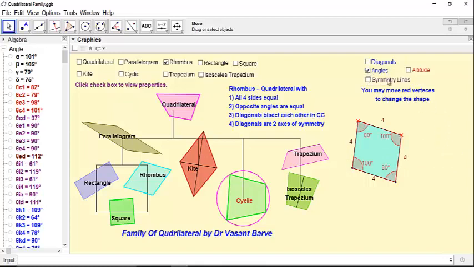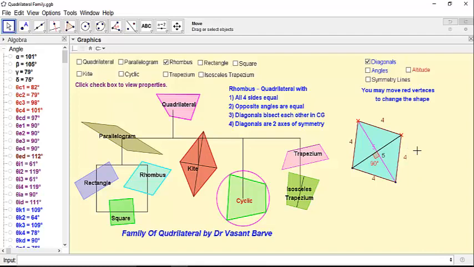You see that because sides are parallel, the adjacent angles add up to 180 degrees and opposite angles are equal. Okay. Now let's see what is the property of the diagonals. Now here, because all the 4 sides are equal, you see that the diagonals cut each other at 90 degrees and they also bisect each other.